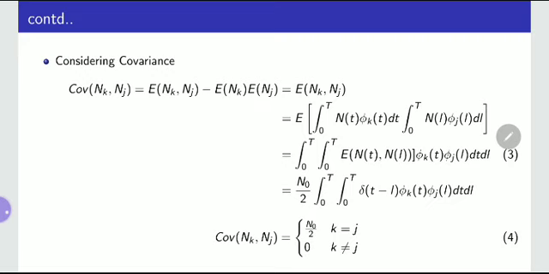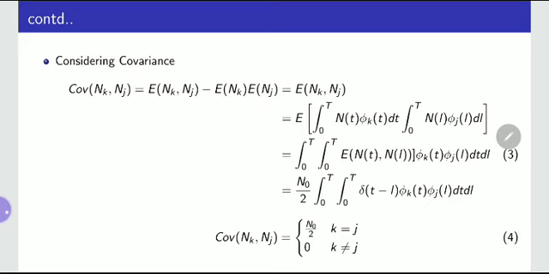So you will get a double integral of E of n of t n of l phi k of t phi j of l dt dl. E of n of t n of l is actually the autocorrelation, that is N naught by 2 into delta of t minus l, since it is white and stationary, depending only on the time difference. Then phi k of t into phi j of l.